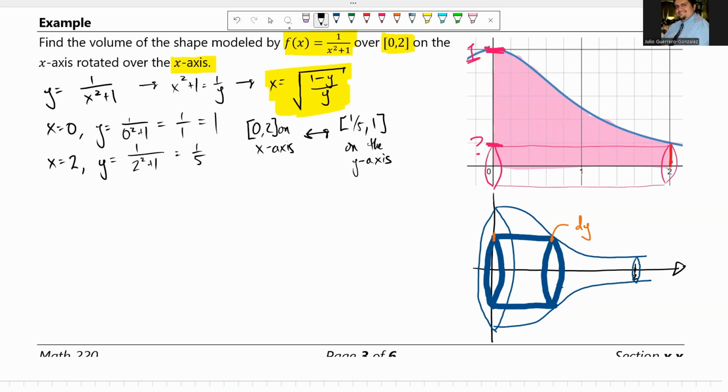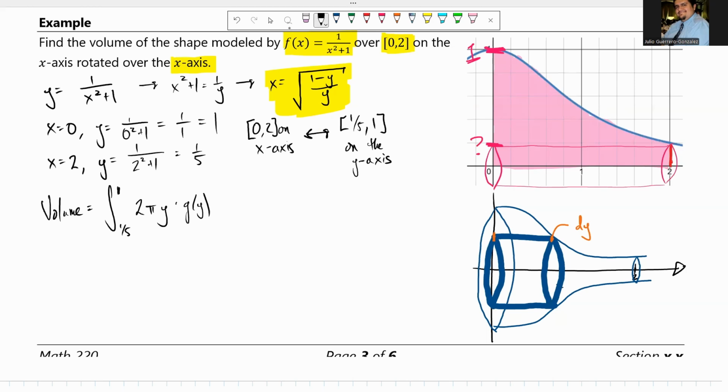The volume is going to be equal to the integral from 1/5 to 1 of 2 pi y times my g of y.